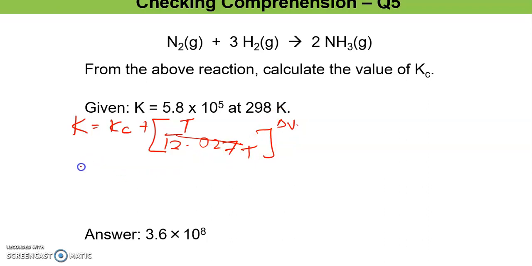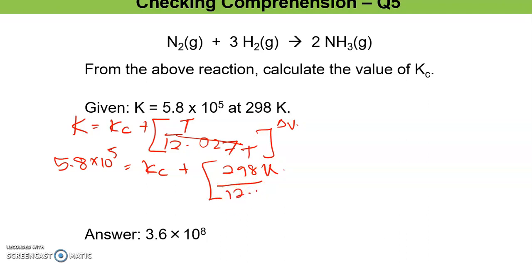The question asks us to find Kc. We have K here, 5.8 times 10 to the power of 5, equal to Kc. Now, how should I find this Kc? For temperature, here it is 298 Kelvin, divided by 12.027.